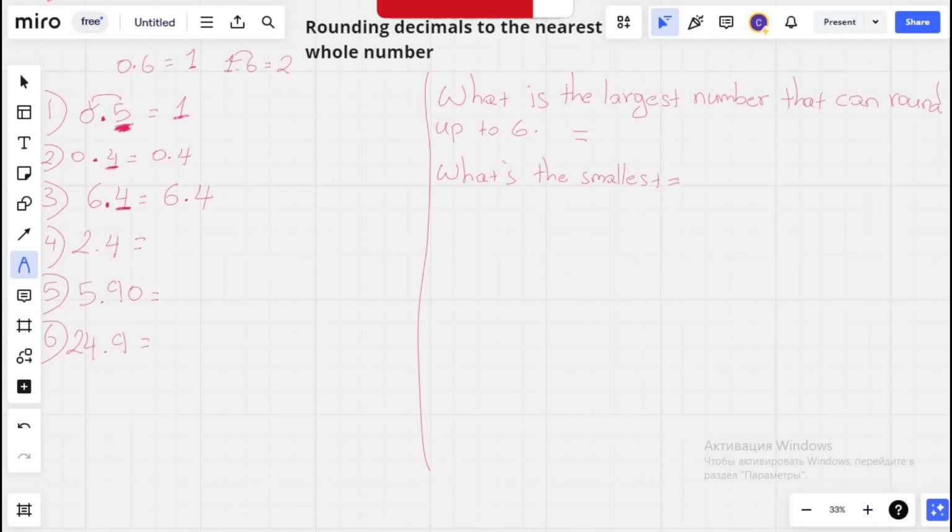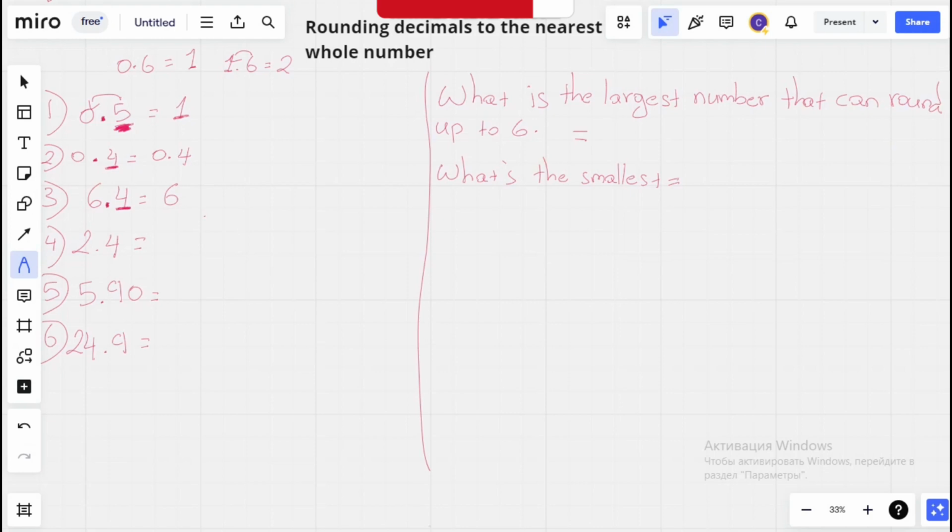It doesn't change, okay? So we want to make it a whole number, so to be the same as 6. Okay, so 6.4 is the same as 6. But 6.5 is the same as 7.